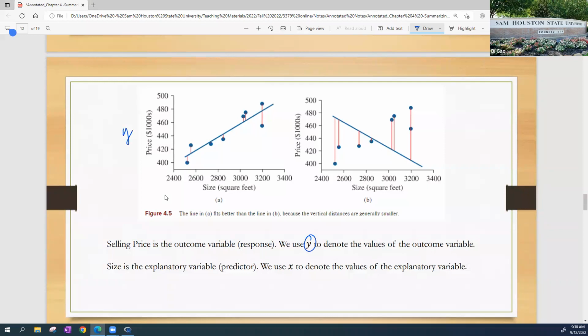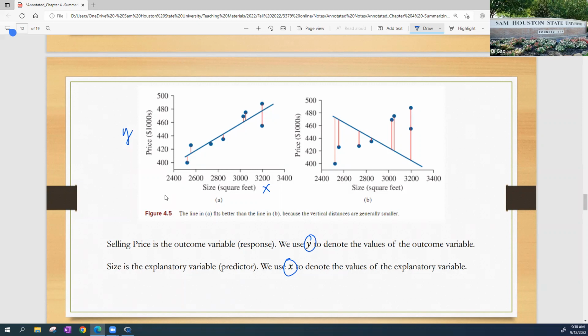So that's y, which is the response, and x is the predictor. Here we have size, the explanatory variable or predictor. We use x to denote the values of the explanatory variable. When we draw the scatter plot, we prefer to put x on the x-axis and y on the y-axis. And then we have this scatter plot.